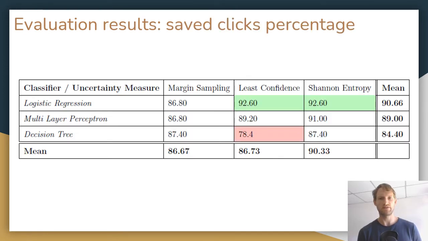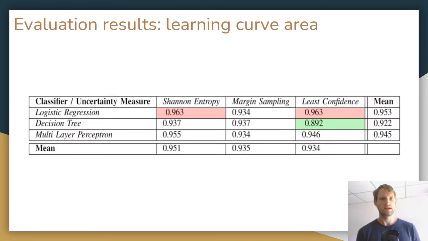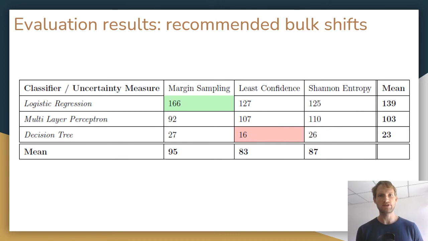Comparing the performance of our different combinations of classifiers and uncertainty measures, we see that the saved clicks percentage is quite high and the logistic regression classifier performs better than the other classifiers, the multilayer perceptron and the decision tree. This result is qualitatively also reflected in terms of the area under the learning curve. Let us now turn to our bulk shift novelty to decisively accelerate the learning process by recommending a large number of images that can be moved according to a previous shift.